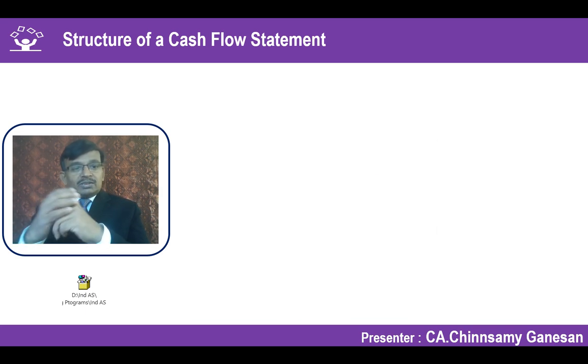Okay, let's move on. We have seen a lot of definitions relating to operating activities, investing activities, financing activities, etc. The only question is how it will be presented in a cash flow statement.